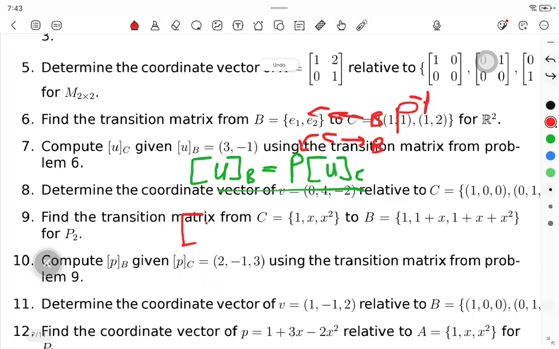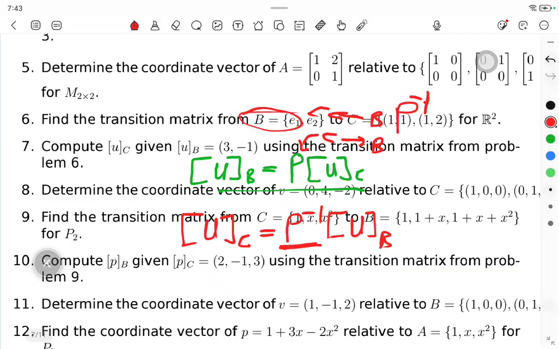So we're going to get UC is equal to P inverse UB. You see, this is the matrix that we just found here. This one is from B to C. Do you see that?